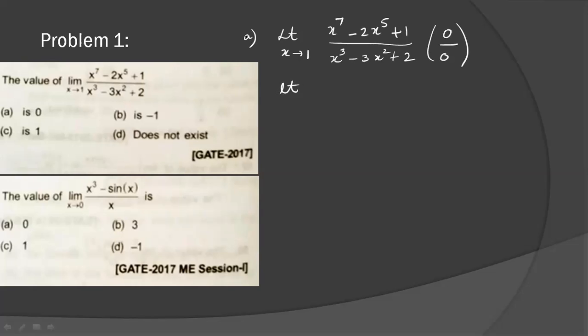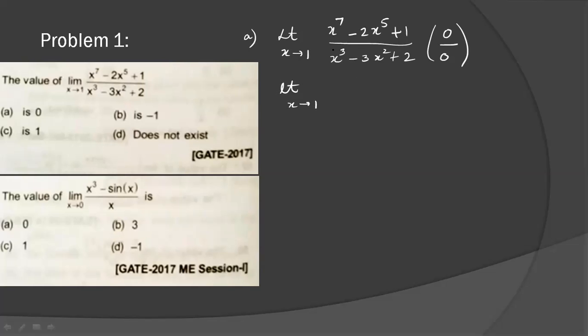In the 0 by 0 form, I told you that you can apply the L'Hospital method. What is the L'Hospital method? You can differentiate numerator and denominator separately, provided one condition: the differentiation must exist. In the numerator there is a polynomial of degree 7, and in the denominator there is a polynomial of degree 3.